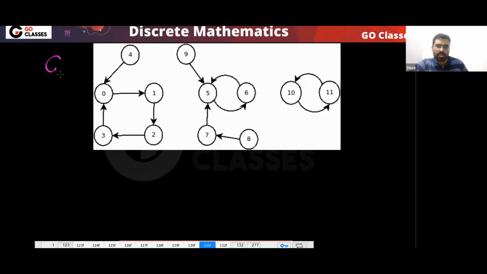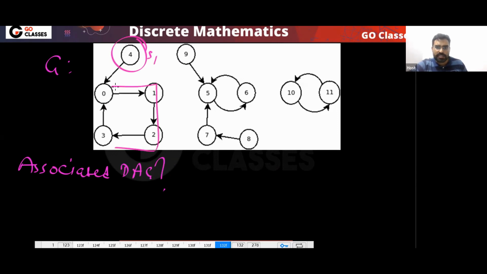What about this? This is your graph G. Find the associated DAG. First, you find the strongly connected components. This is a strongly connected component S1. There is a cycle here, so this is S2.